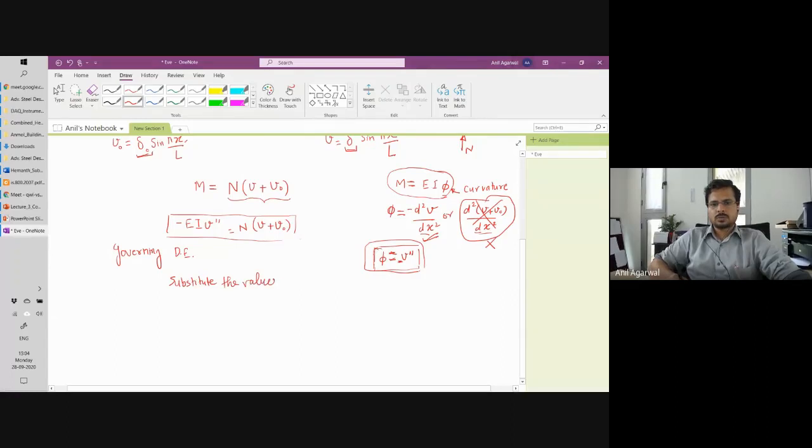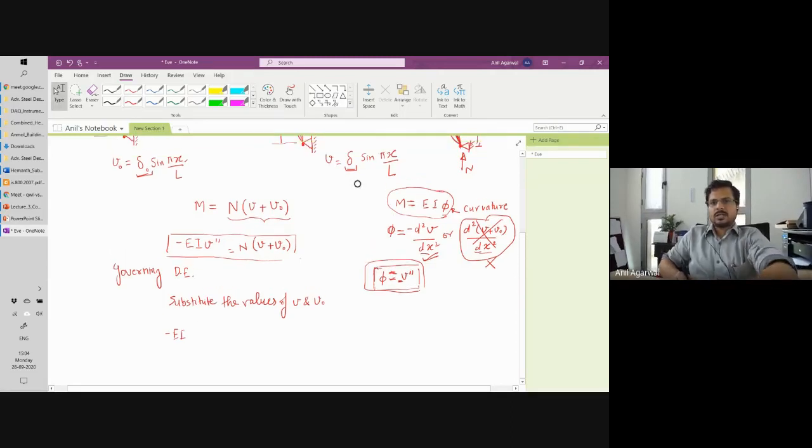So what we will do is, we will substitute the values of V and V naught. So when we do that, what do I get? Minus EI. Okay, so my V was equal to delta sine pi x by L. So its double derivative will be equal to delta, which will remain delta, correct?